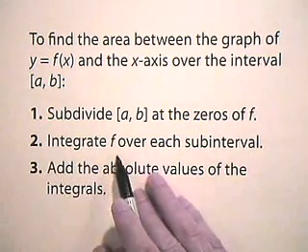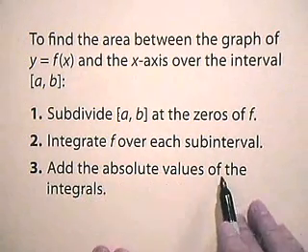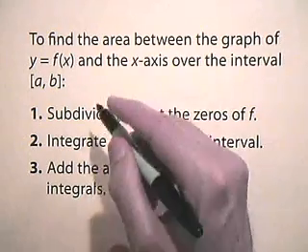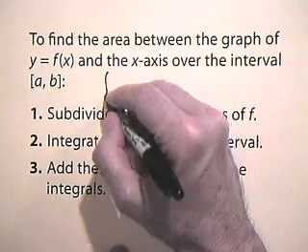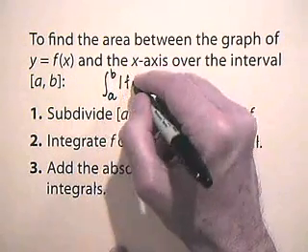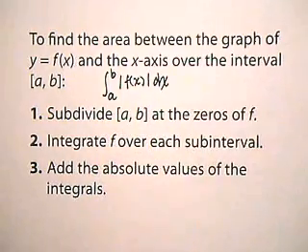Second, integrate f over each subinterval. Three, add the absolute values of the integrals. Again, then, what we're in effect doing here is calculating the definite integral from a to b of the absolute value of f of x dx.